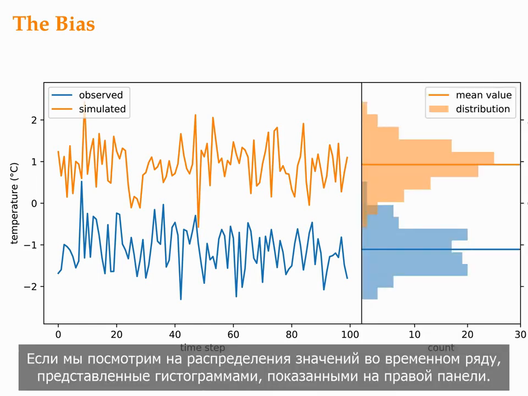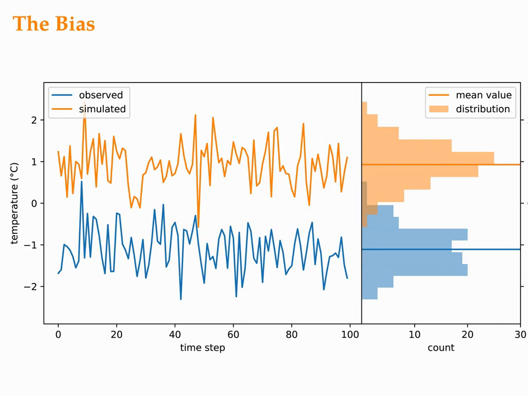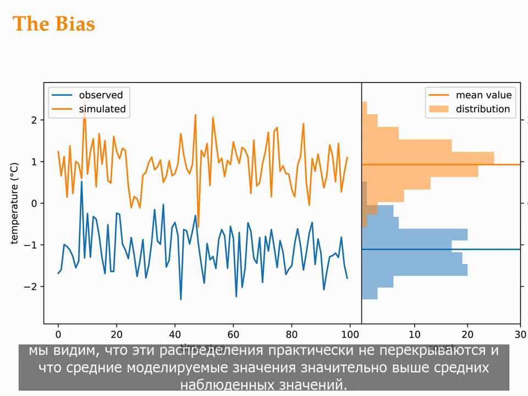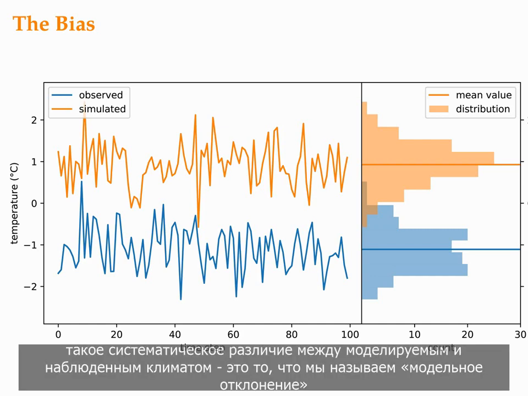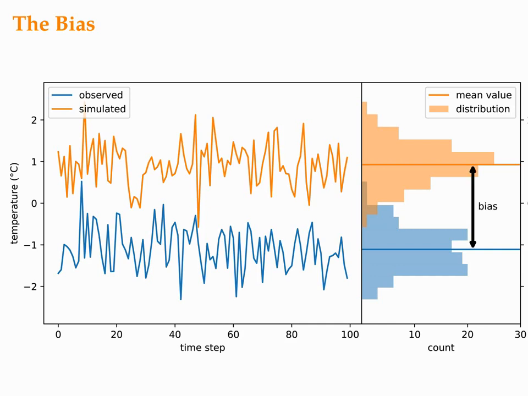If we look at the distributions of the values in the time series, as represented by the histograms shown in the right panel, we find that those distributions hardly overlap and that the mean of the simulated values is significantly greater than the mean of the observed values. Such a systematic difference between simulated and observed climate is what we call a bias.